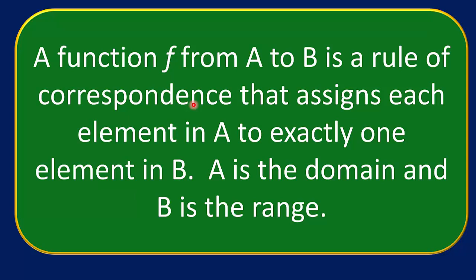Every hour you work corresponds to an exact amount of pay, and only one amount of pay. It's a rule of correspondence that assigns each element in A, the domain, the number of hours you work, to exactly one element in B, the pay. A is the domain and B is the range. That's a little bit more formal definition of a function.